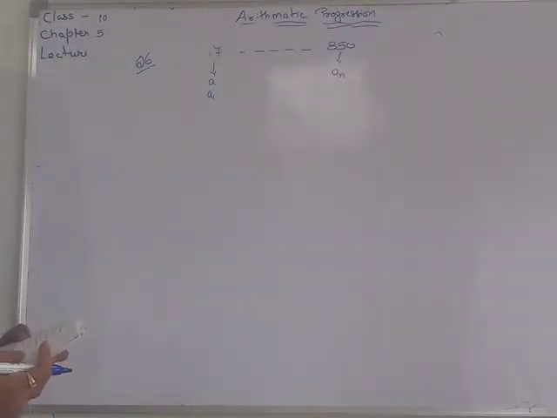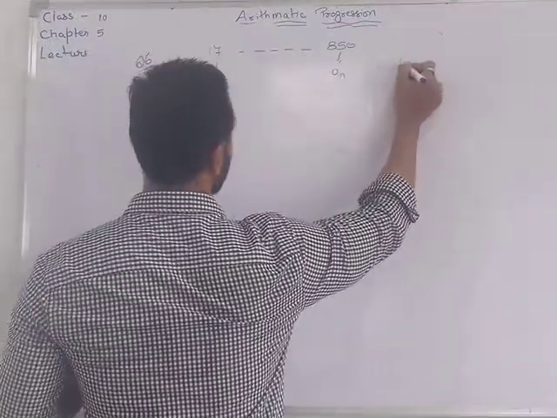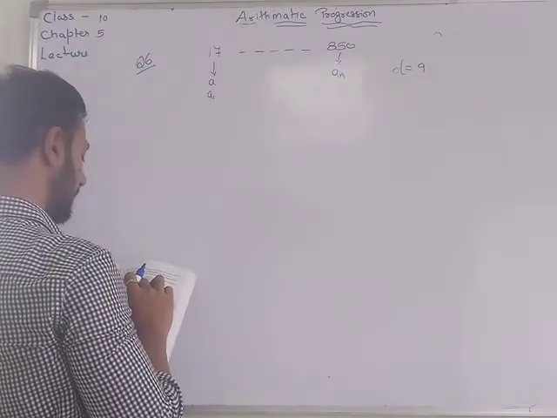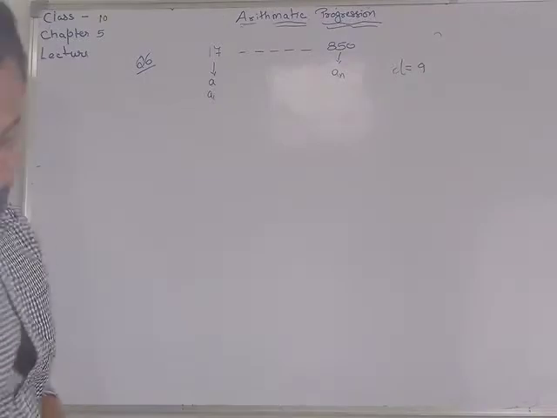First term and last term are given to us. If the common difference D is 9, how many terms are there and what is their sum?